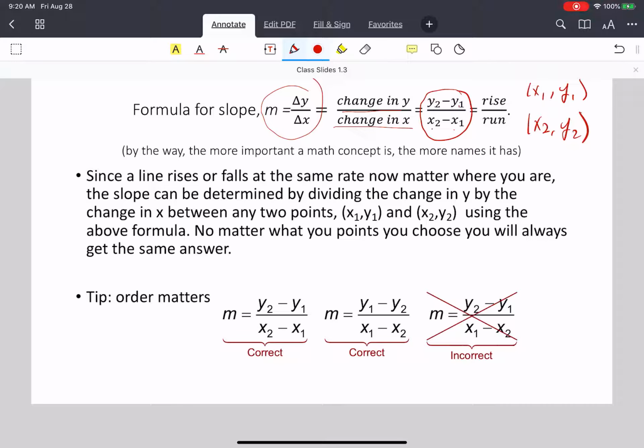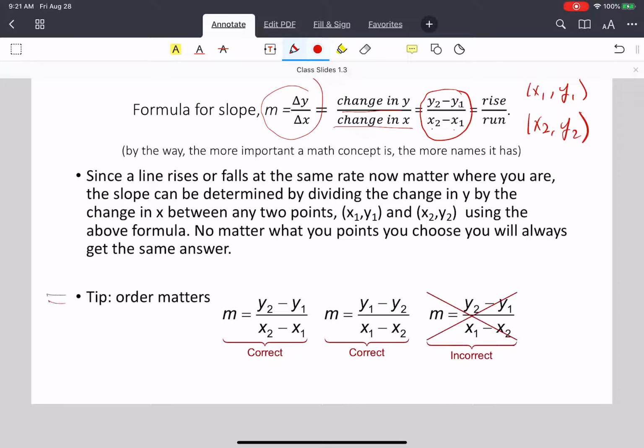So the idea is you divide the rise by the run. Slope is one of the most important concepts in mathematics, and it's so important for us to understand what it is.